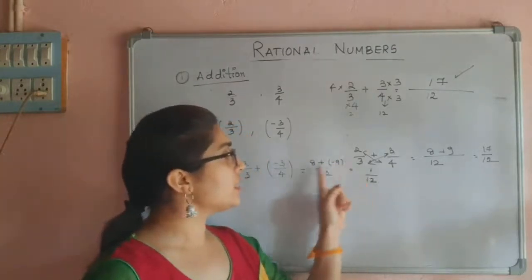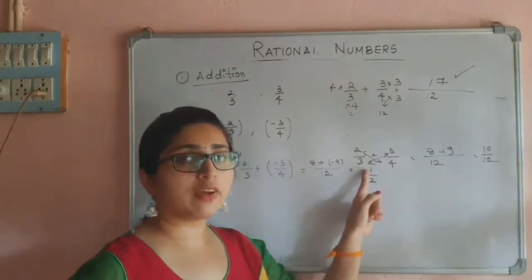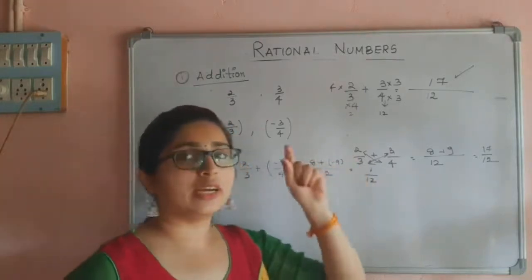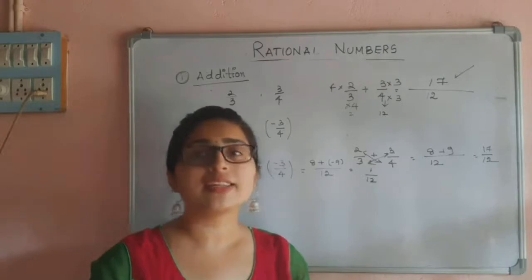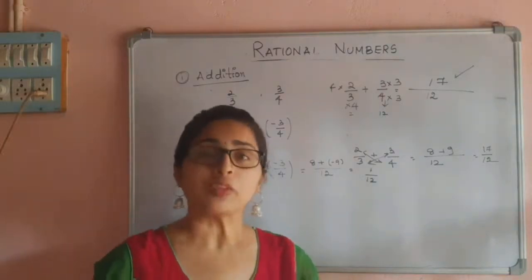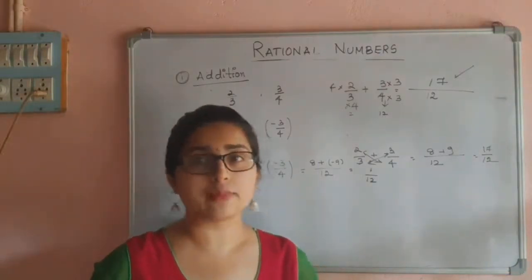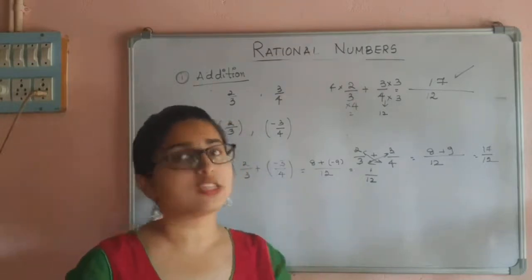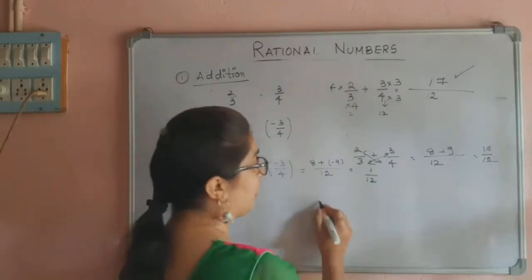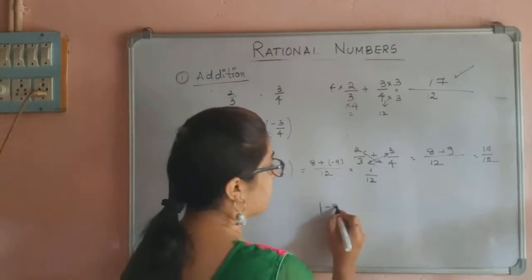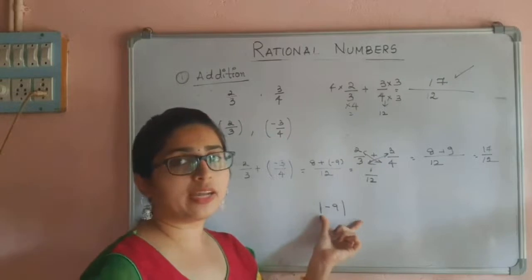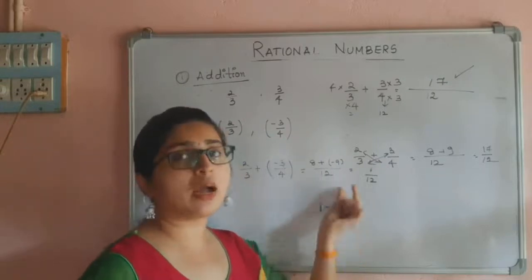And what is the sign which is associated with 1? It is the sign which is associated with the number which has greatest absolute value. You have already studied about the absolute value also. So what is this absolute value? It is a positive number. So if I take this modulus of minus 9, this is nothing but two vertical lines and you have to place the number inside it.